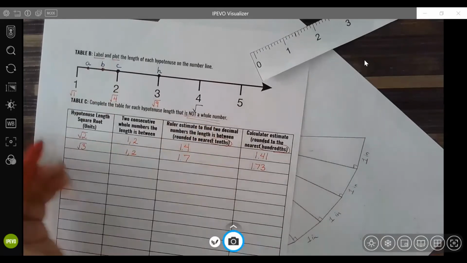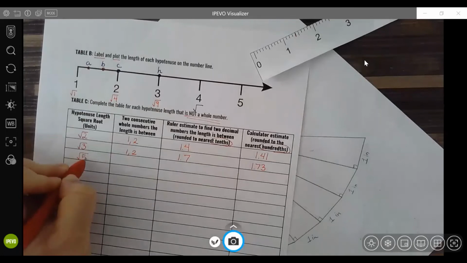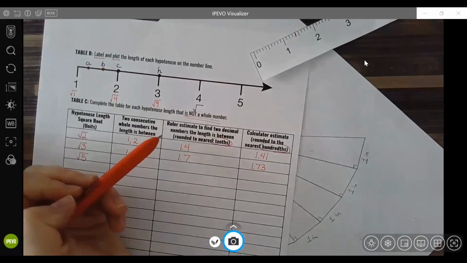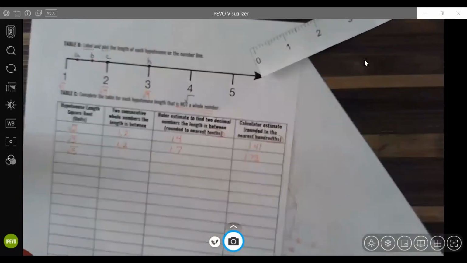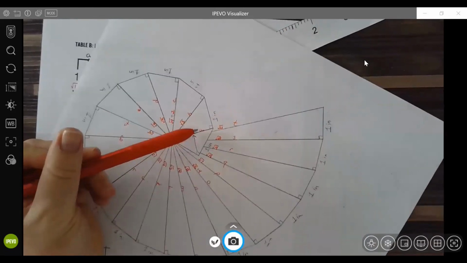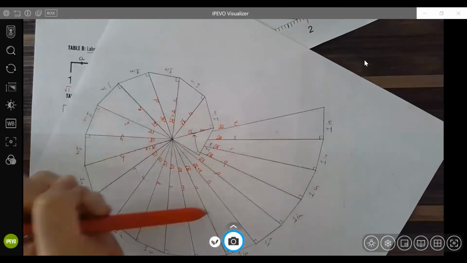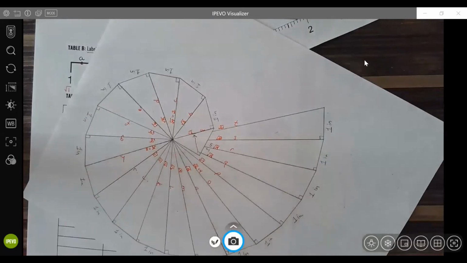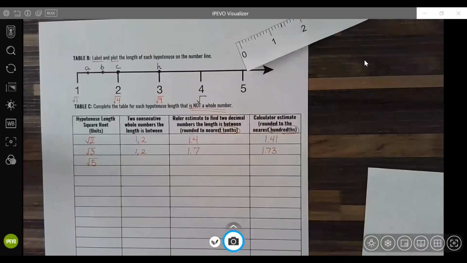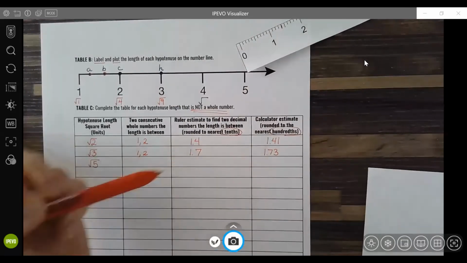I just want what is not a whole number, so my next piece would be square root of 5. But I want you to keep in mind, we are human, right? And so as this wheel goes on, you may find that those ruler estimates for your lengths become a little bit further and further from the exact calculator estimate. And so that's natural.